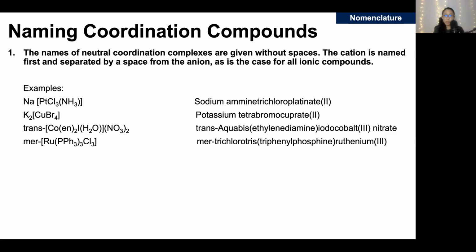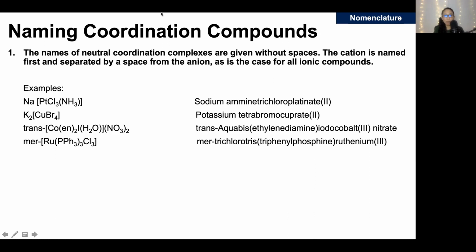So the first rule is the names of neutral coordination complexes are given without spaces. So the cation is named first and separated by a space from the anion, which is the case for all ionic compounds. So what does this mean, class?